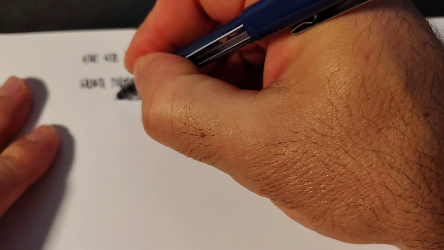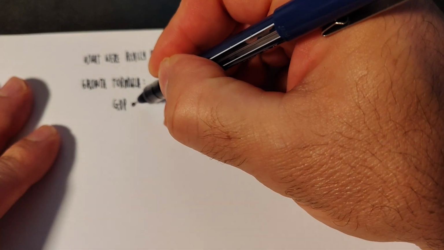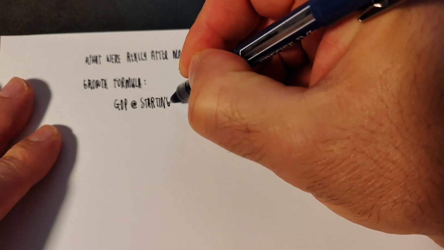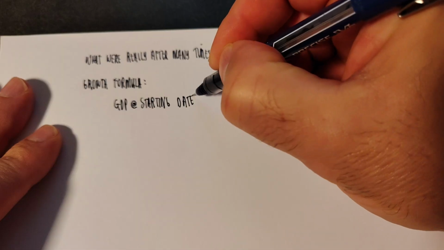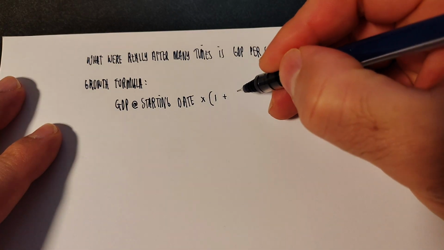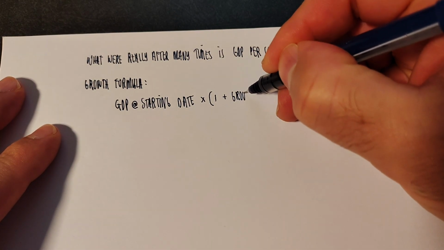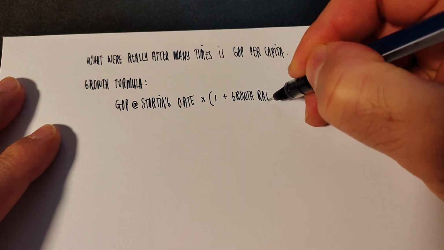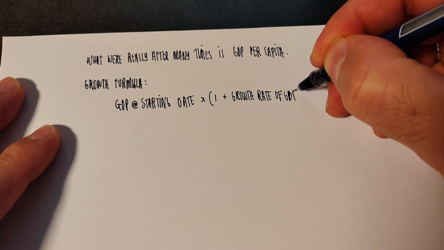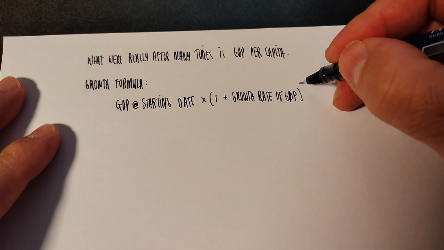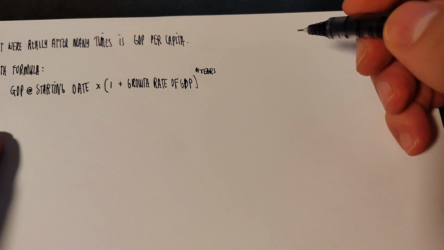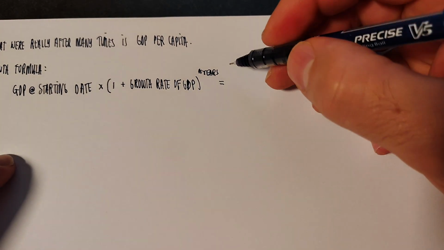That was GDP at starting date times 1 plus the growth rate of GDP, to the number of years, is equal to GDP.